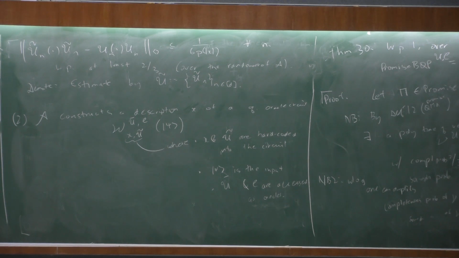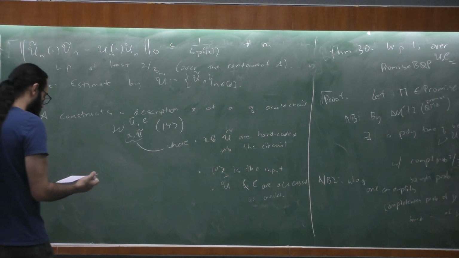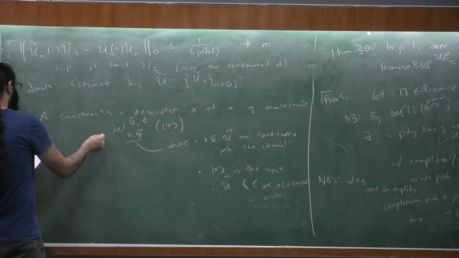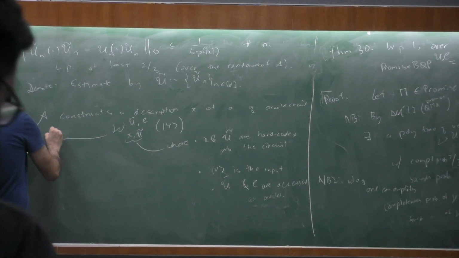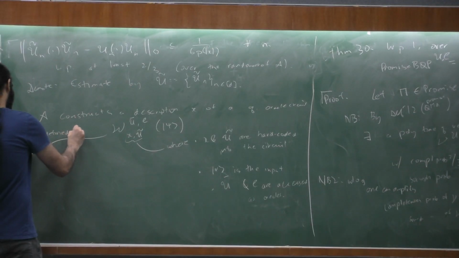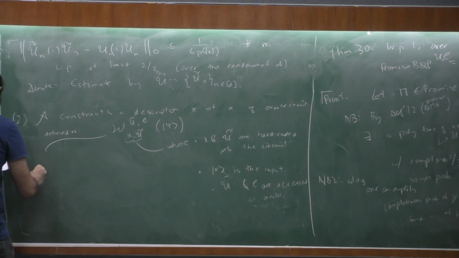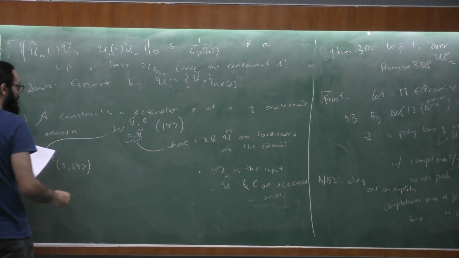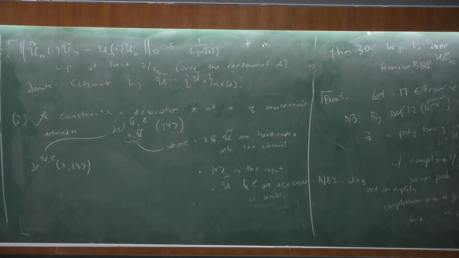So how is this circuit defined? The circuit is defined as V U C X. What is about U-bar? U-bar is U-bar and C, accessed as oracles.